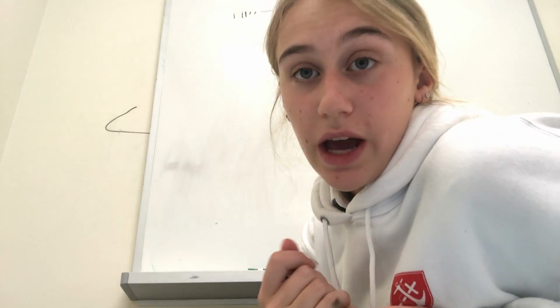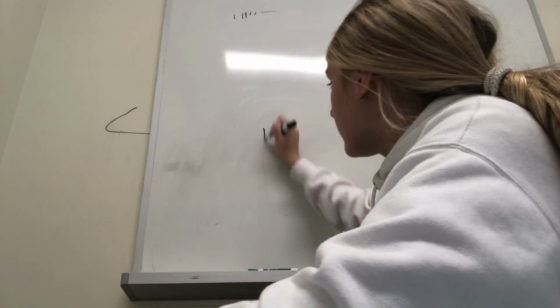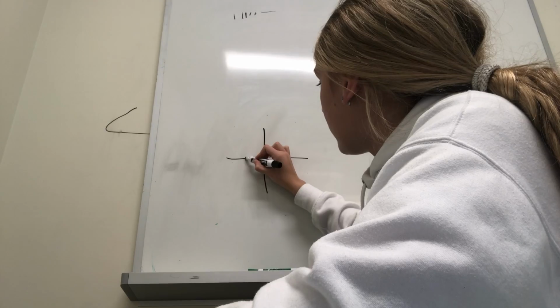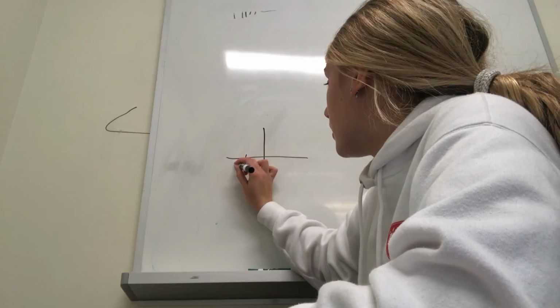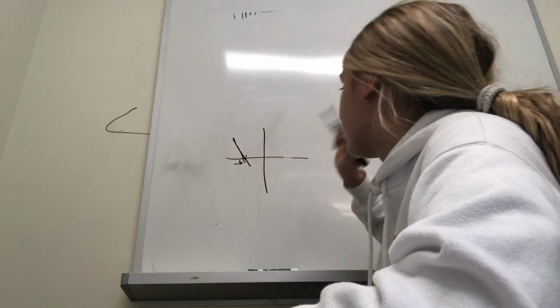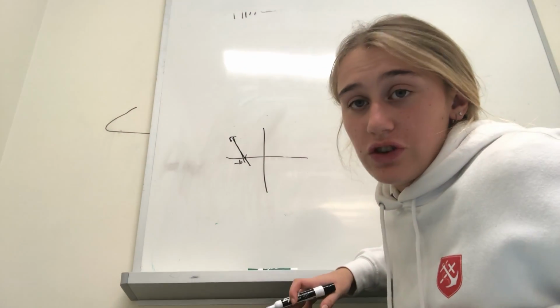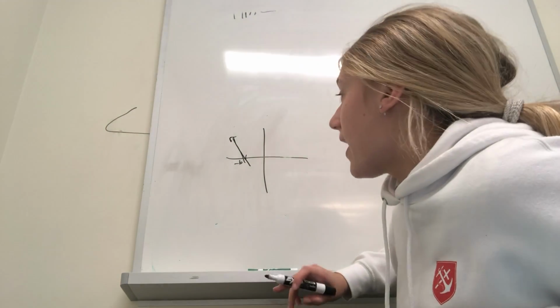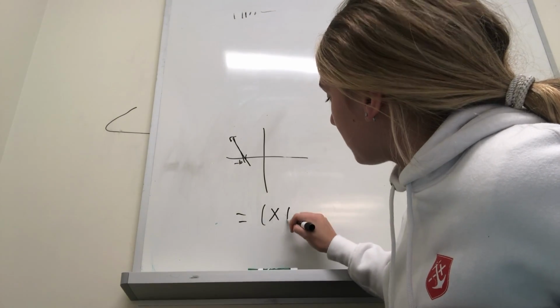Another thing that characteristic 1 tells us is that there's an x-intercept at negative 6. This is helpful for our equation because we'll know that somewhere in our equation there will be an x plus 6.